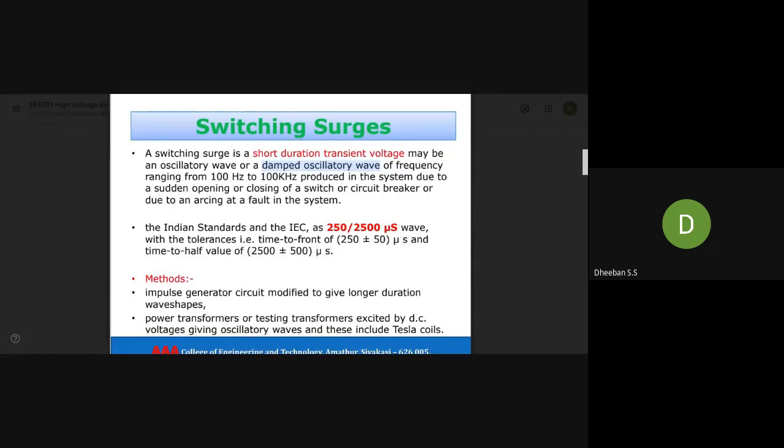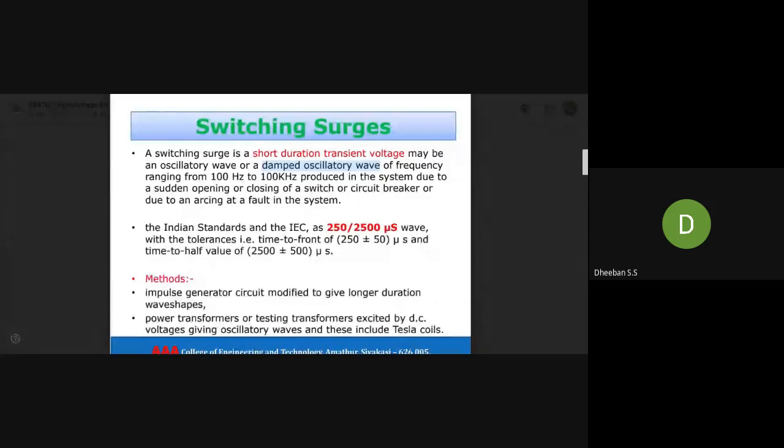Here they are giving the frequency. In the previous lecture we generated high AC voltage for power frequency as well as very high frequency. For switching surge, they give the frequency range as 100 hertz to 100 kilohertz.